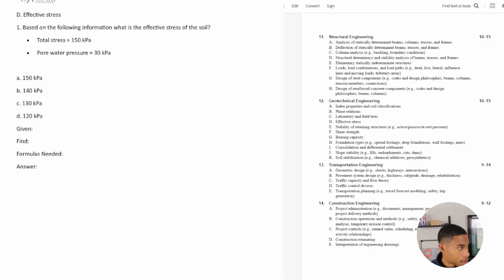All right, so number one says, based on the following information, what is the effective stress of the soil? So your total stress is equal to 150 kPa and your pore water pressure is equal to 30 kPa. So what information do they give us?